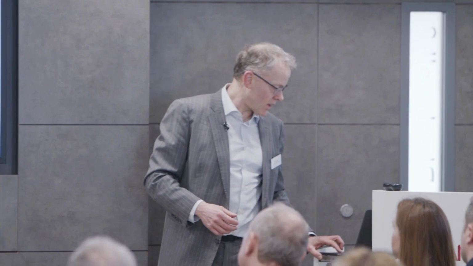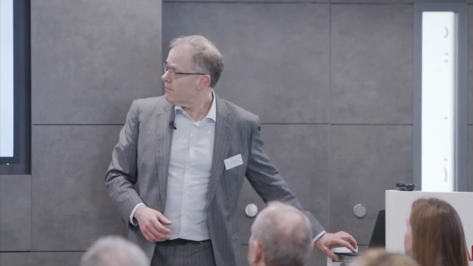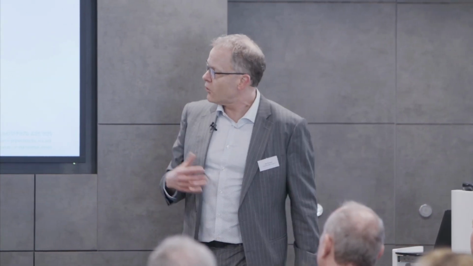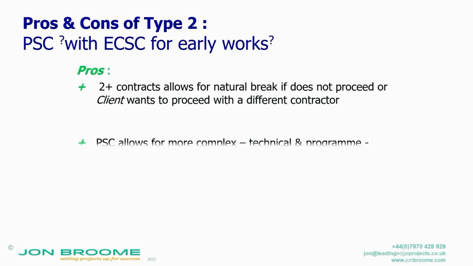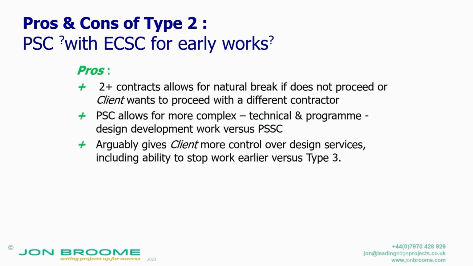So, type 2 is where it's the full professional services contract, possibly with an engineering construction short contract for simple works, simple early works, which could be site investigation as well as enabling works. So, pros of that. Two plus contracts allow for a natural break.